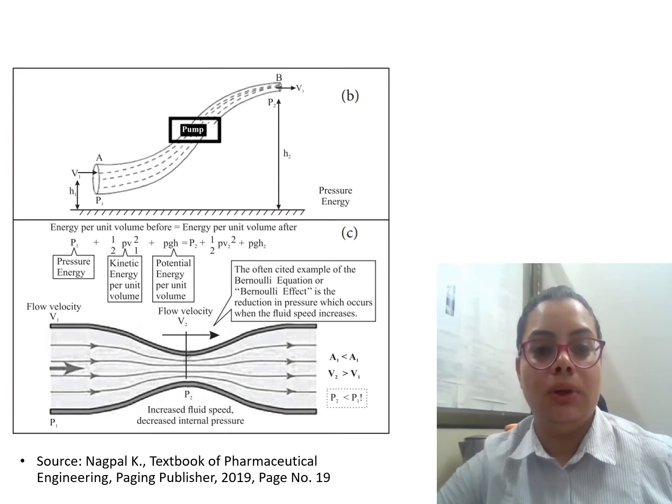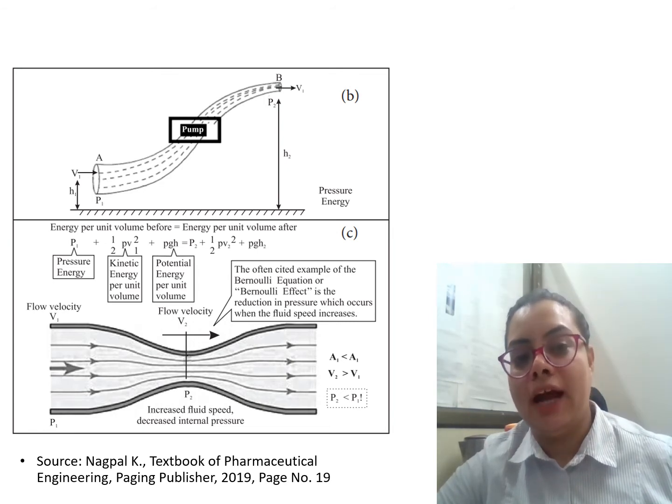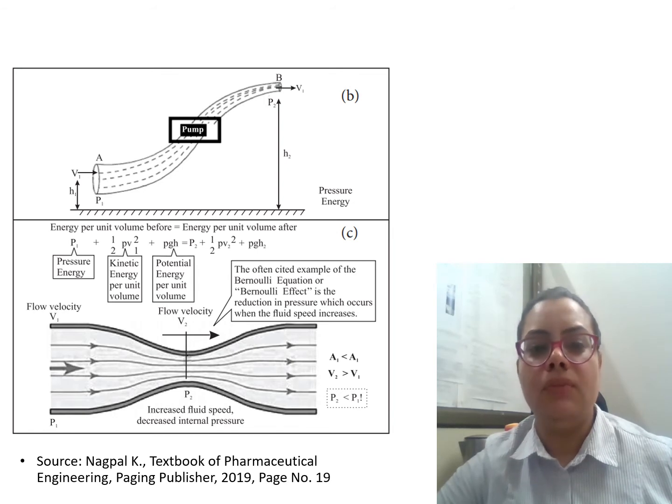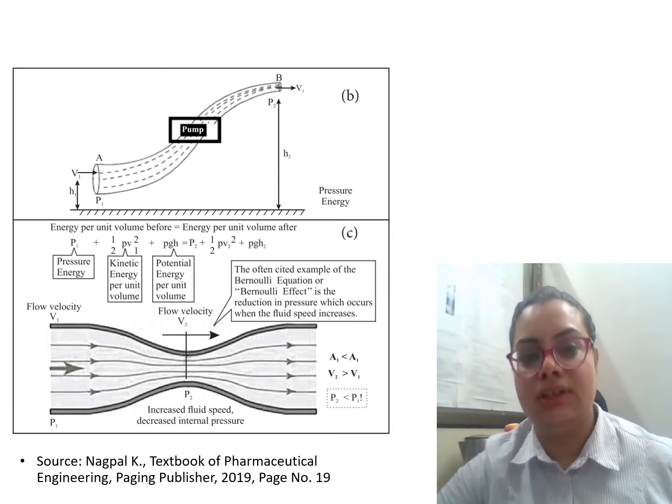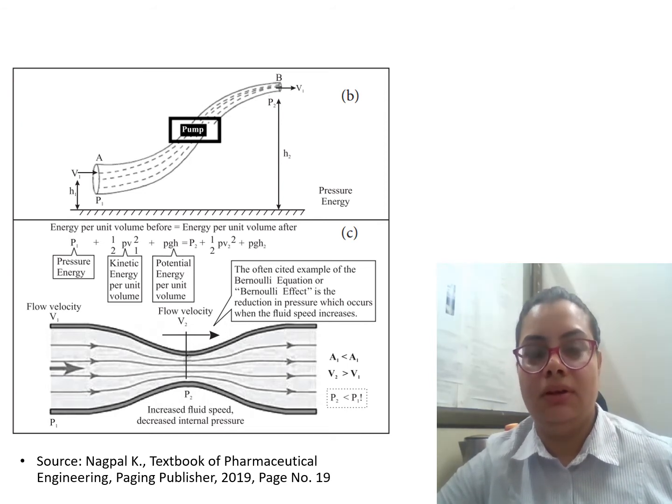So the total energy constituted by this flow of fluid at point A would be the sum of its pressure energy, kinetic energy and potential energy per unit volume. The pressure energy would be P1, the kinetic energy will be half rho V1 square, and the potential energy per unit volume will be rho g h1. It's not P, it's rho.